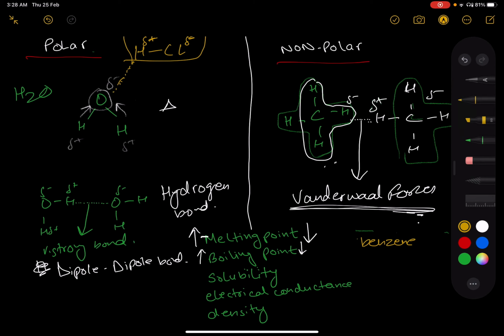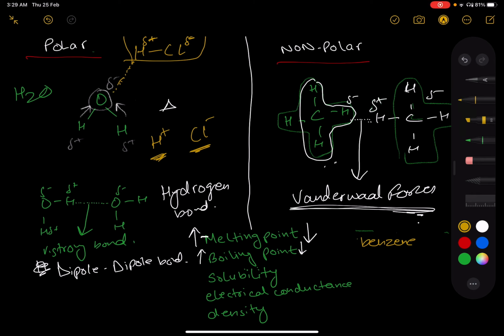Now, electrical conductance. Polar molecules can conduct electricity when they're dissolved in water or in solution form. Why? Because when HCl dissolves in water, it segregates into a hydrogen ion and a chloride ion. Now, as we know, what is electrical current? Current is the movement of ions or electrons from one place to another.